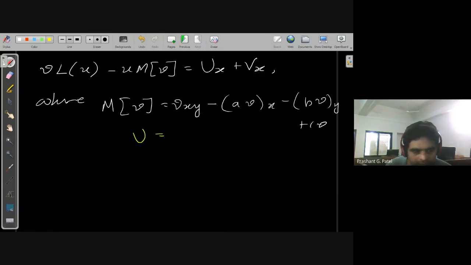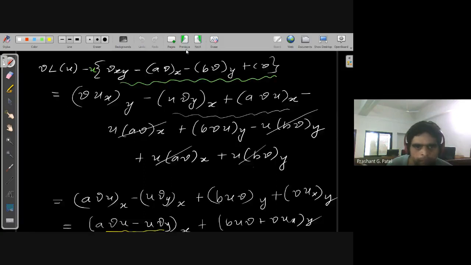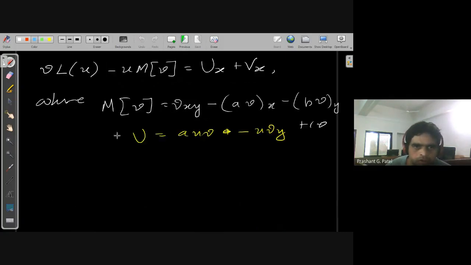So U is A U V minus U V_y that we have here. And this function, this one, we will denote as B. So that's why V equal to B U V minus V U_x.